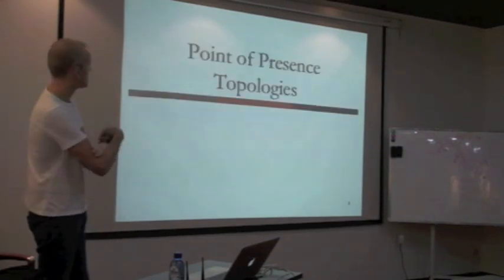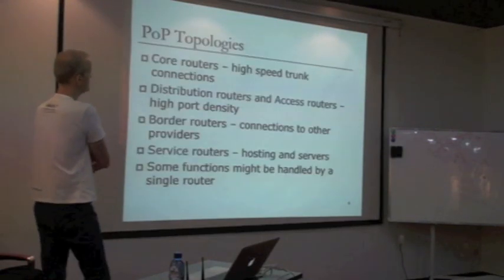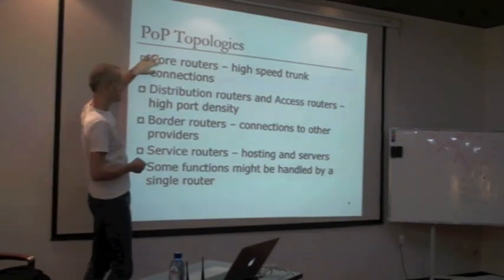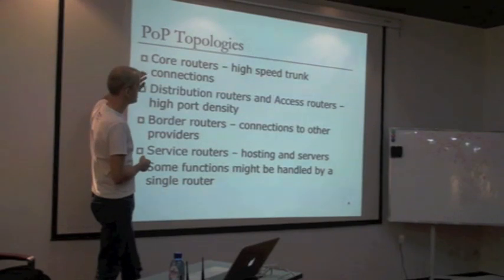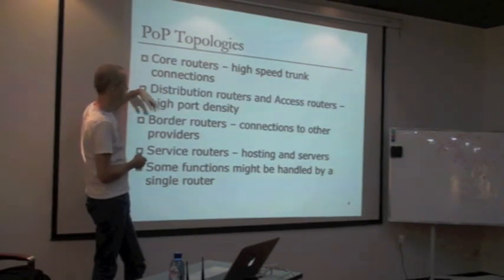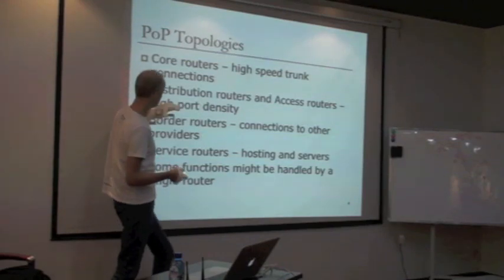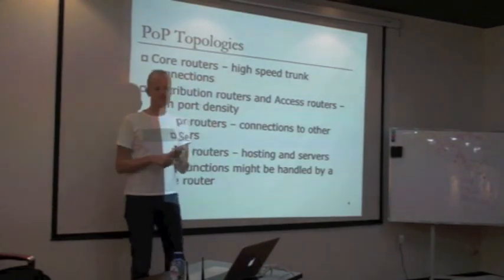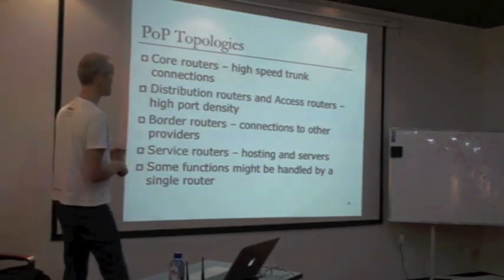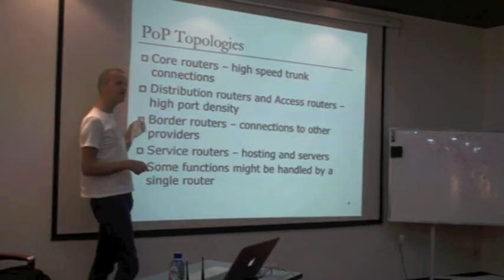The first thing we'll look at is the point of presence design. We've talked about core routers on the first day, high-speed trunk connections, distribution, and in bigger networks, distribution routers. For smaller ones, you have the access routers where you connect your customers to the network. Border routers connect you to other service providers.